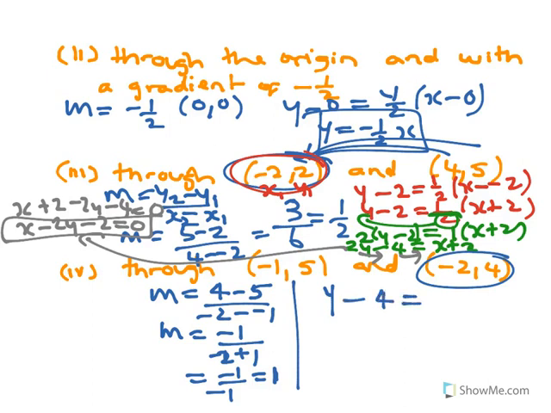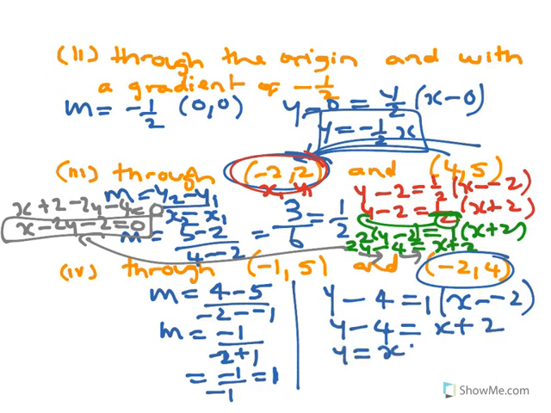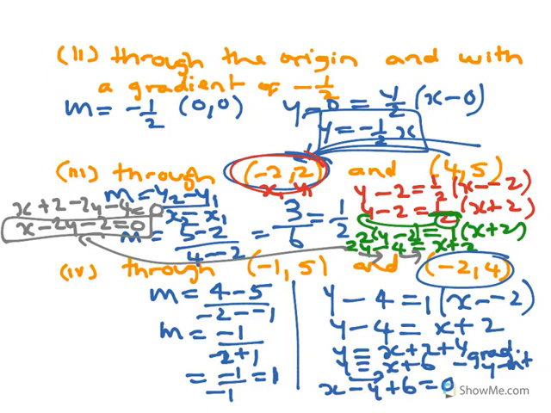So it's y minus 4 is 1(x minus 2). You'll get exactly the same equation regardless of which one you take. And then y equals x minus 2 plus 4. Y equals x plus 2. That is in gradient y-intercept form. If you move that to that side, it'll be x minus y plus 2 equals 0.